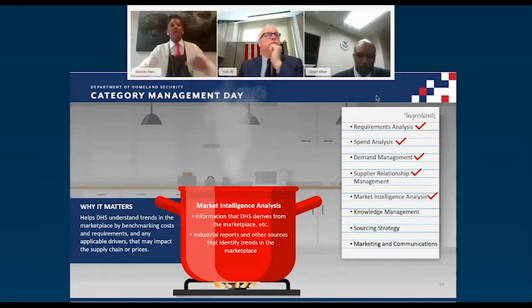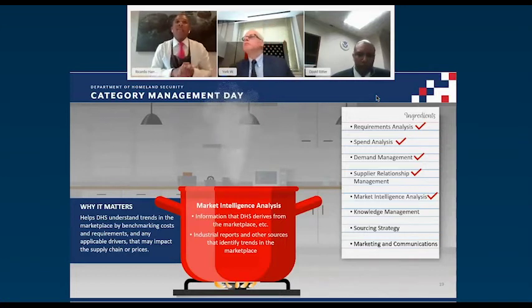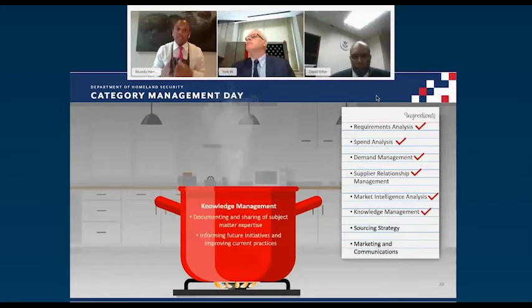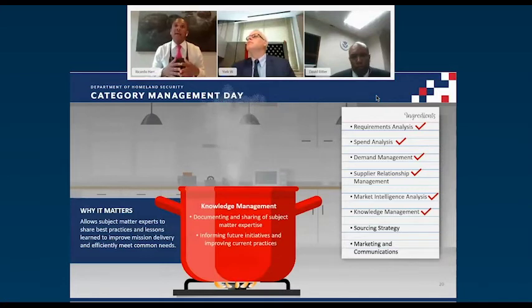So I'm going to move on to the next ingredient, and this is knowledge management, and it's so key to what we do as far as category management, because again, we want to buy as a knowledgeable enterprise, and there are a lot of subject matter experts that can help us that we are not even aware of.